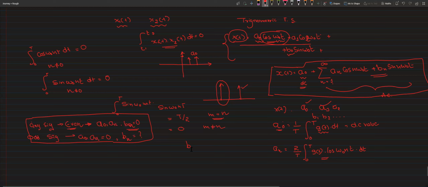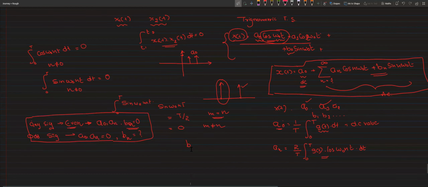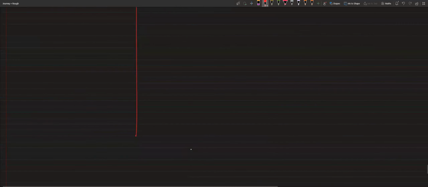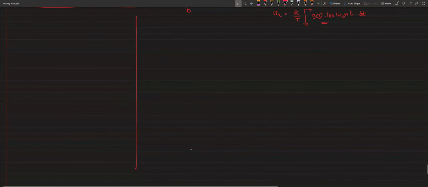You can take a quick example. So they have given one triangular wave. This wave actually starts from minus pi.